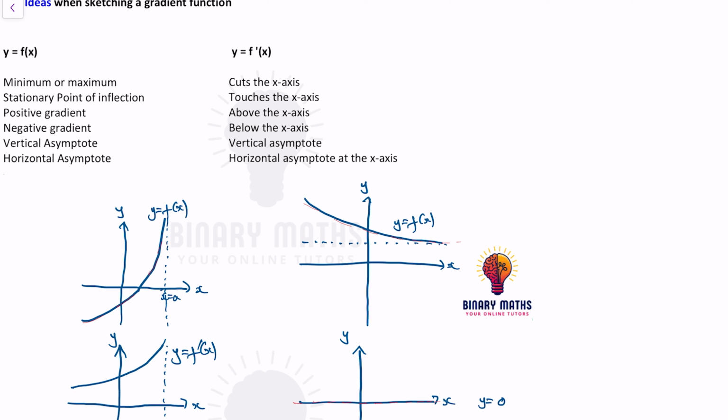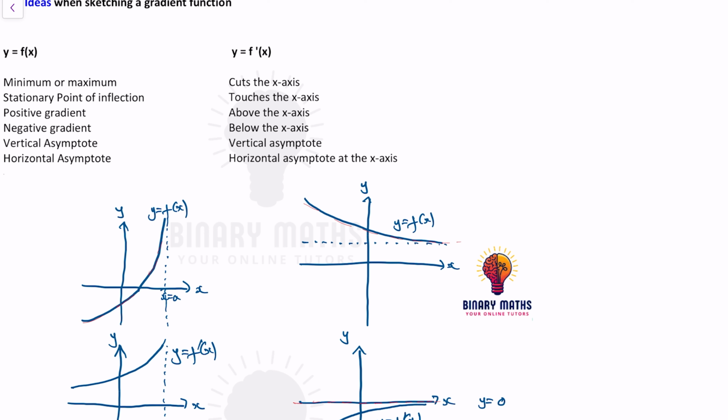And because my gradient is always negative, and it's obviously more and more negative as x gets negative, that means it's going to be negative always, but getting closer and closer to 0, but never reaching it. So that would be y is equal to f dash of x.